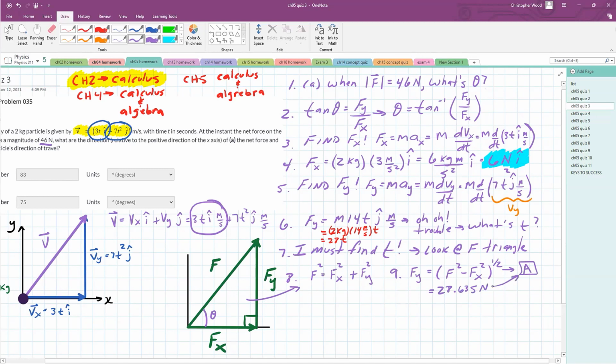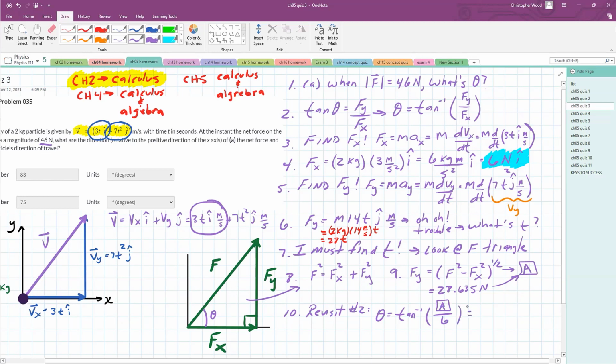So I think you have a good idea there, Ali, because now I'm going to revisit number 2. Theta equals arctan of fy, which is sitting there in memory location A, all over fx, which is 6.